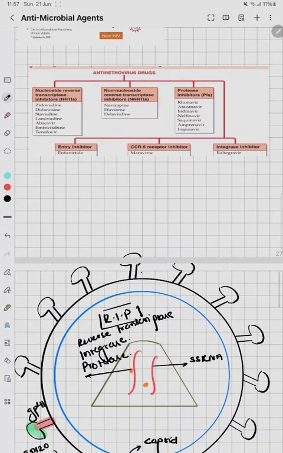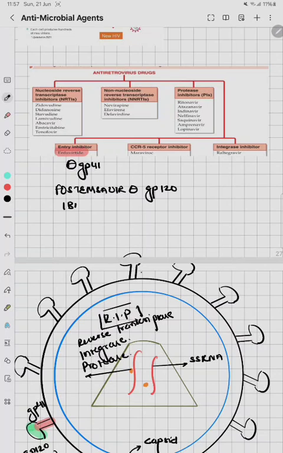For that we have enfuvirtide, which inhibits GP41. We have fostemsavir, which inhibits GP120.